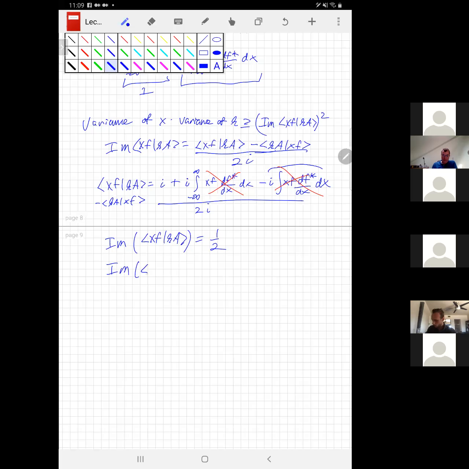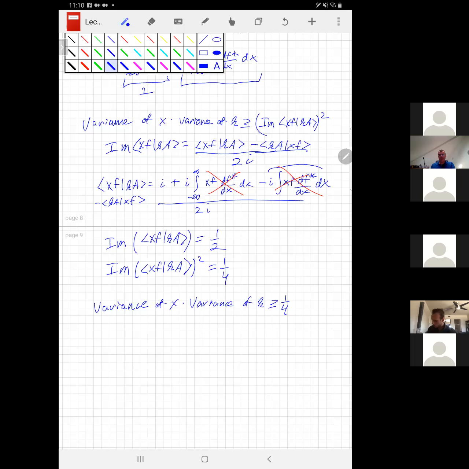And the square of that imaginary part is 1/4. So the variance of x times the variance of k is greater than or equal to 1/4.